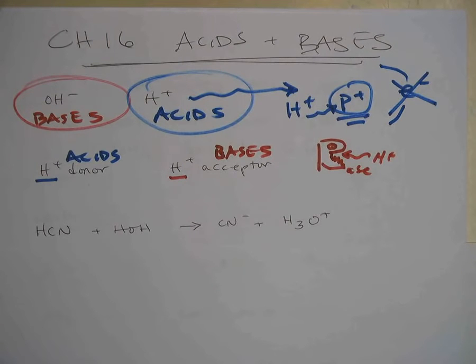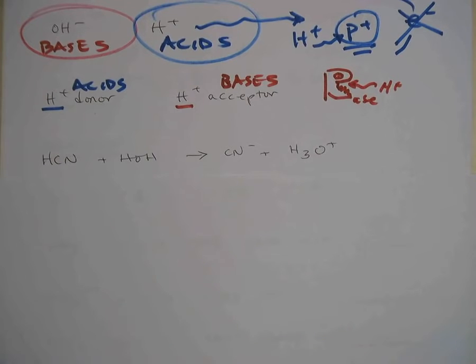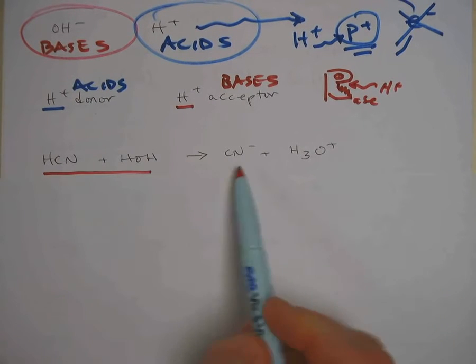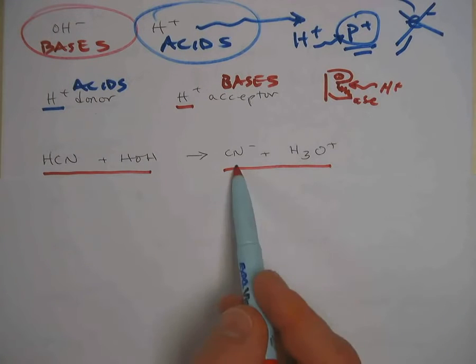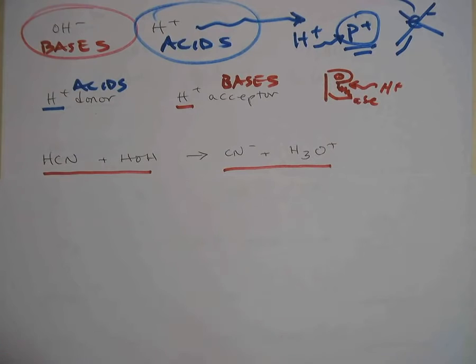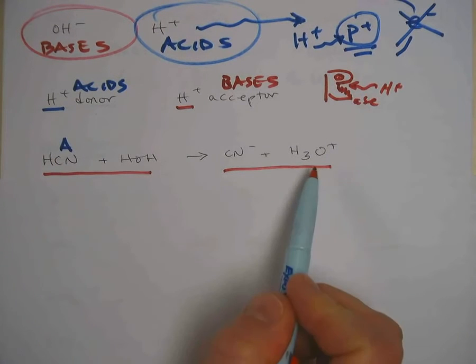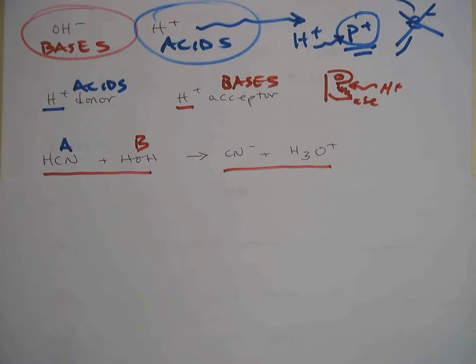All right? Once you see a reaction, you should be able to identify the acid, the base, the conjugate acid, and the conjugate base. So you have to look from the left side to the right side of the reaction, and you'll notice that HCN becomes CN minus. Therefore, it's a proton donor, and so it is called an acid. HOH right here becomes H3O plus. It accepts a proton, therefore it is known as a base.